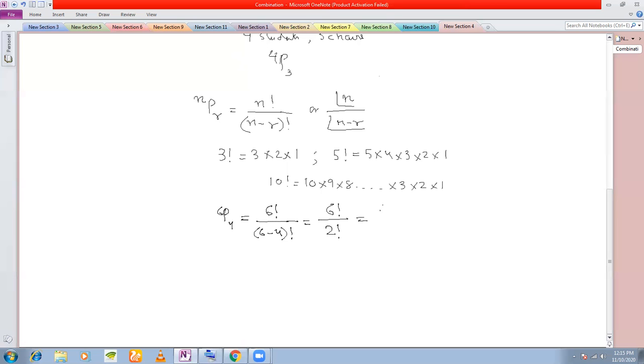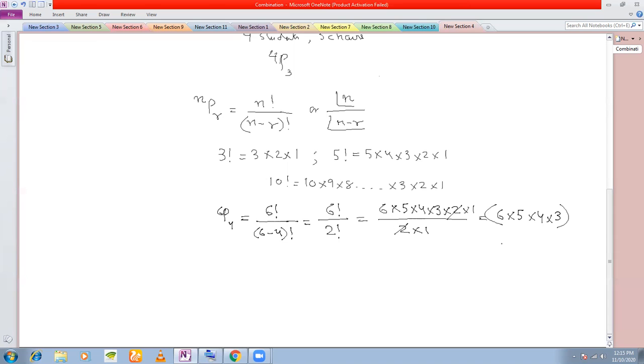Now, what is factorial 6? 6 into 5 into 4 into 3 into 2 into 1, which is 720. And factorial 2 is simply 2 into 1. So this cancels, and you simply get 6 into 5 into 4 into 3, which is 360. This is the value of 6p4.